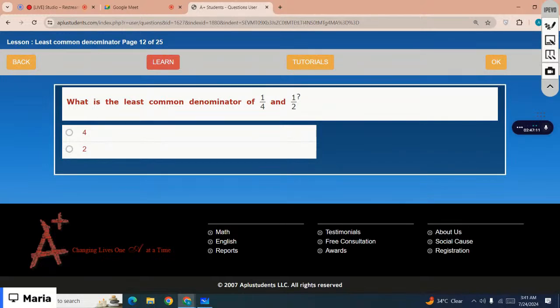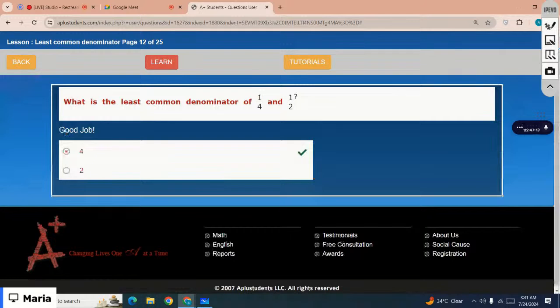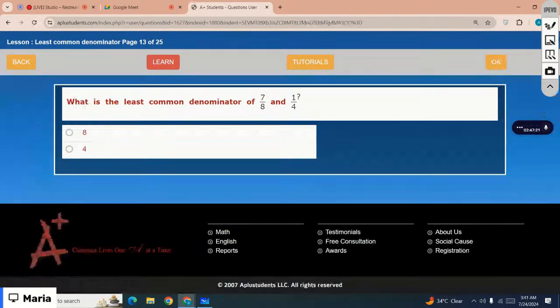Yes, 4 it is. The correct option is 4. What is the least common denominator of 7 over 8 and 1 by 4? So, which is the correct option? 8 it is. The correct option is 8.